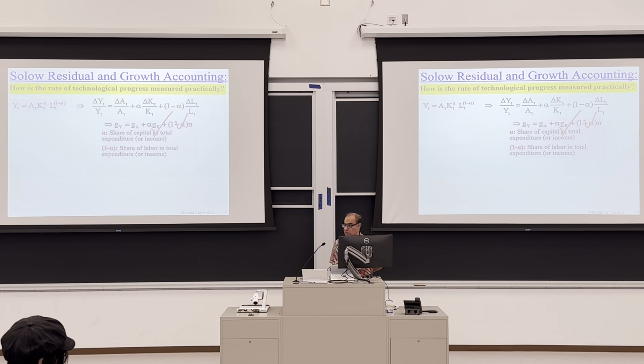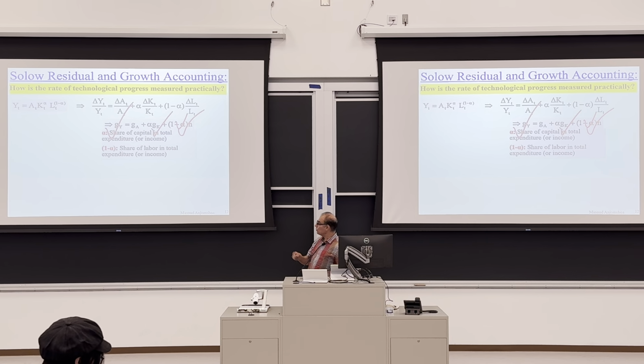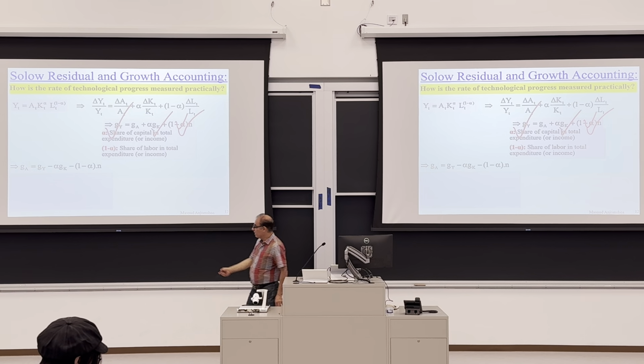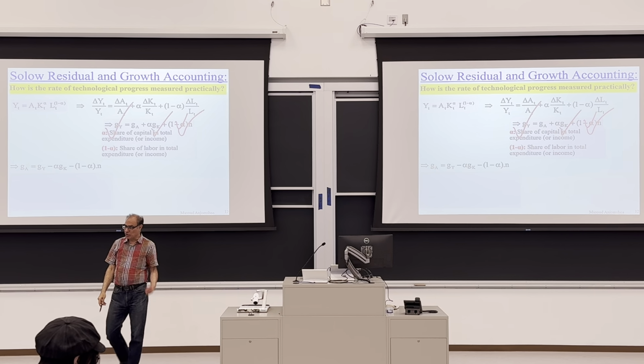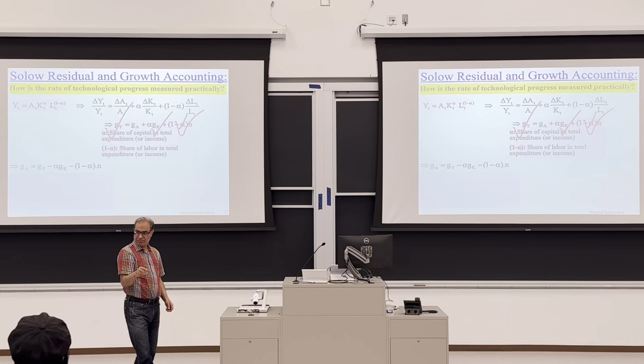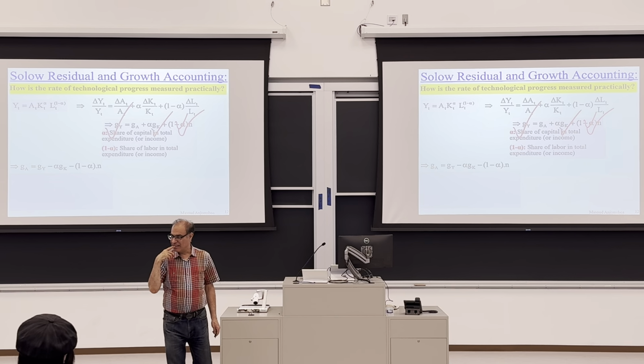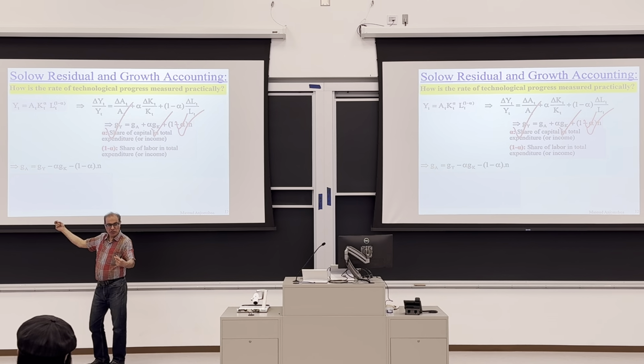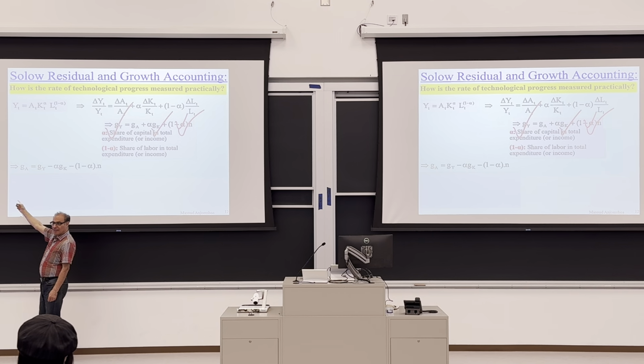You see, we can measure the growth rate of capital because capital is observable. We have the growth rate of population. So we have the growth rate of output. So what is unknown here? The growth rate of technological progress. You see? So he said, if there is a part of the growth rate of output that cannot be explained, that is explained by what?